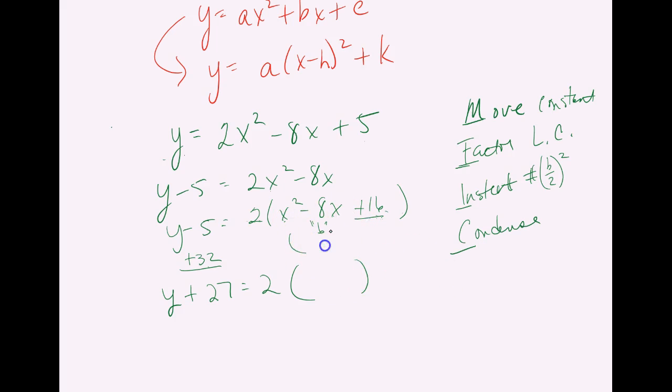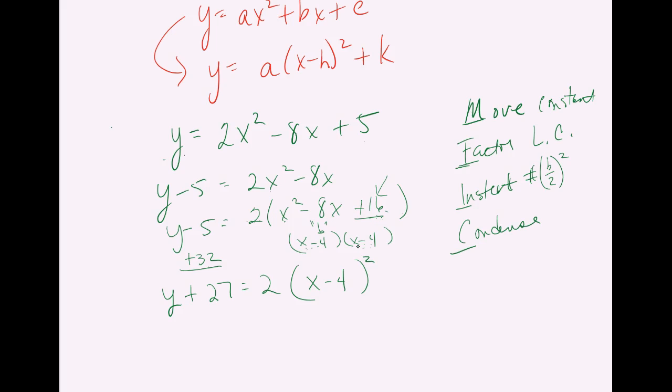If you factor that, it would be x minus 4 times x minus 4. Okay, this is a perfect square. That's the purpose of making up this number. It's always going to make these two match. Now, instead of writing it twice like that, I'm just going to write it in the parentheses once and put a squared on the outside, because that is the same thing as that, right?